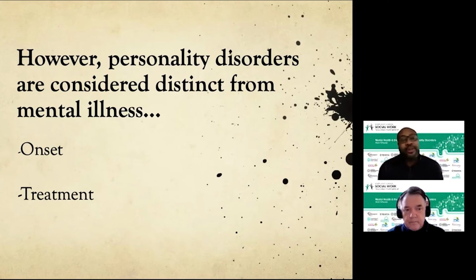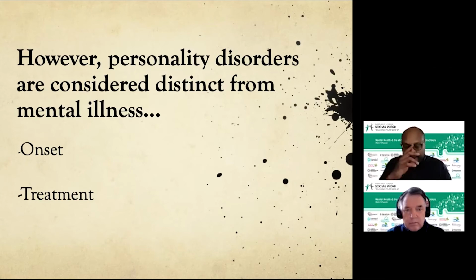And also the treatment. Historically, and this depends on where you are, again this shows you how inconsistent it is, in the United States, where I'm from, personality disorders have been and still are treated with antipsychotics, atypical antipsychotics sometimes, which is not done in the UK. It's not treated with medication.